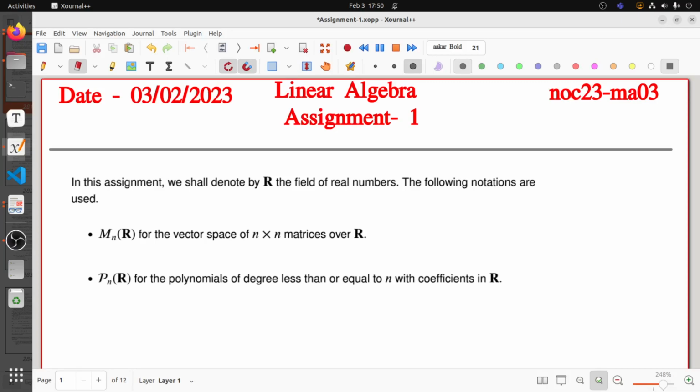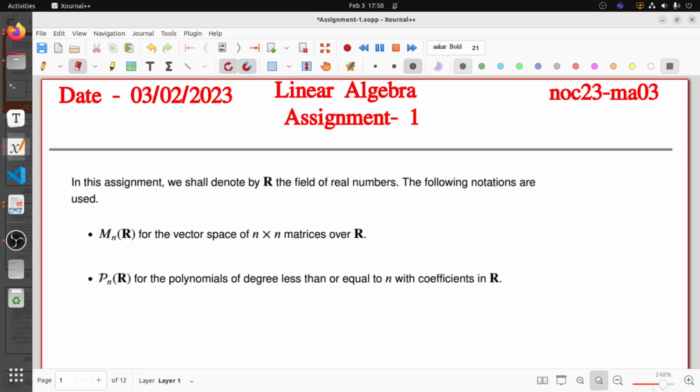So p1 plus p2 is in W and C p1 is in W, so W is also a vector space. W is a subspace of P3.